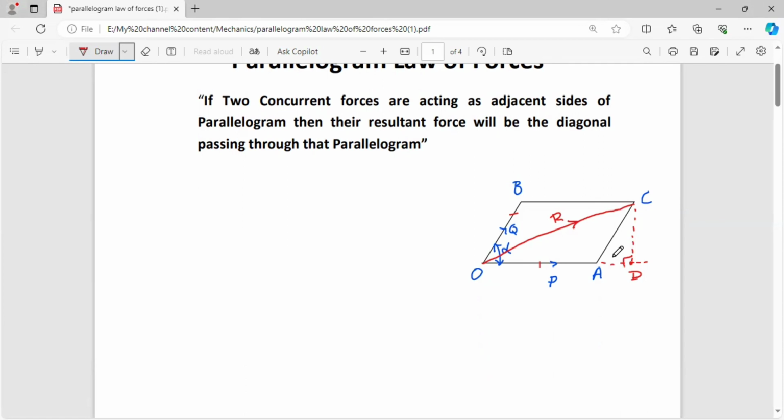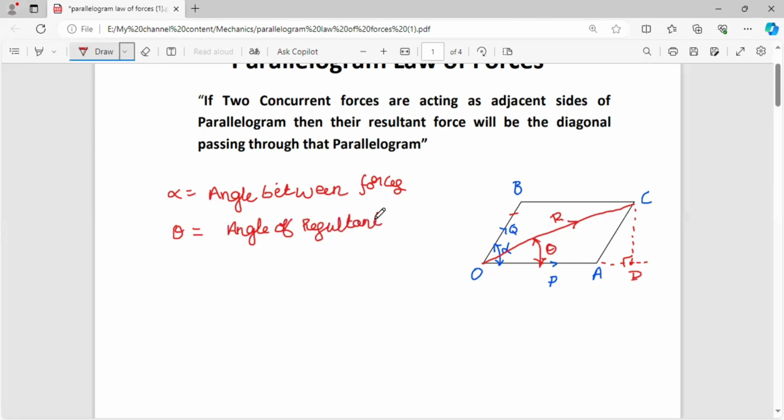Now, the angle of the resultant force can be taken as theta. The assumptions are: alpha is the angle between the forces, whereas theta is the angle of the resultant force.